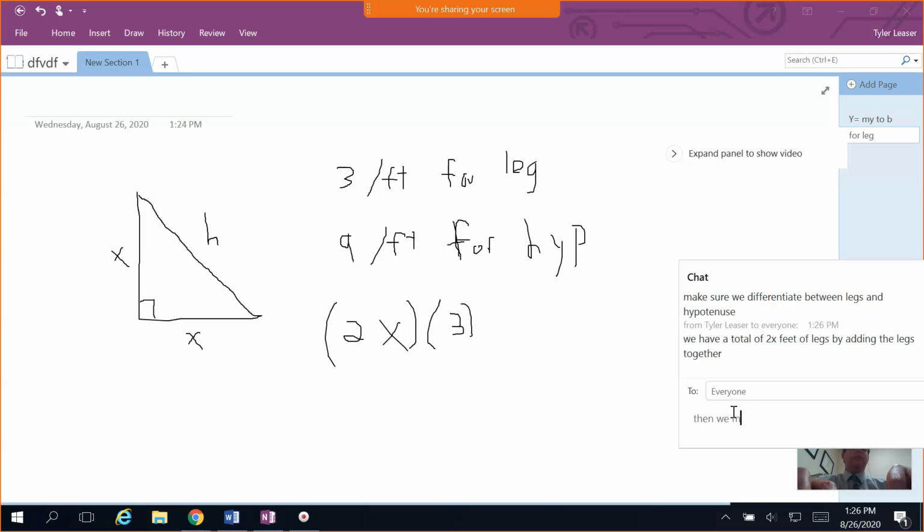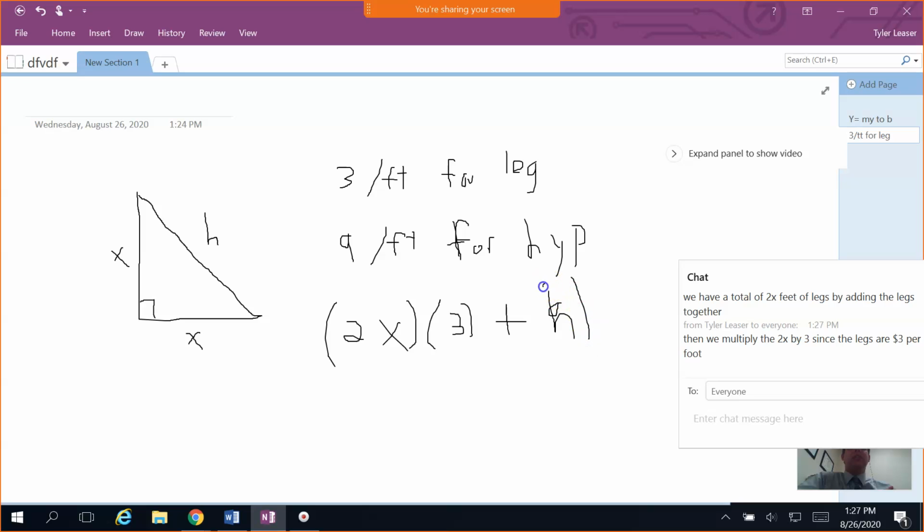So then we multiply the 2x by 3, since the legs are $3 per foot. And then we're going to add on to this the price of the hypotenuse. Oh, sorry, we have h amount of it, right?